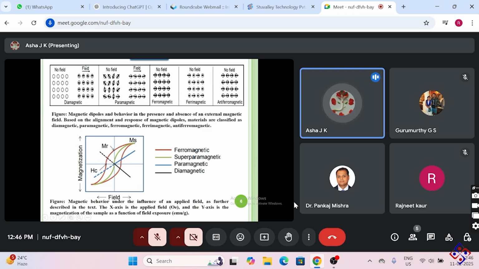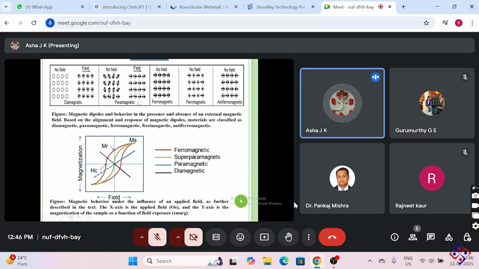But in the presence of a magnetic field, the dipoles align slightly opposite to the direction of the magnetic field. So here the magnetic field is in this direction, but the dipoles are arranged in the opposite direction. So it leads to weak negative magnetization.